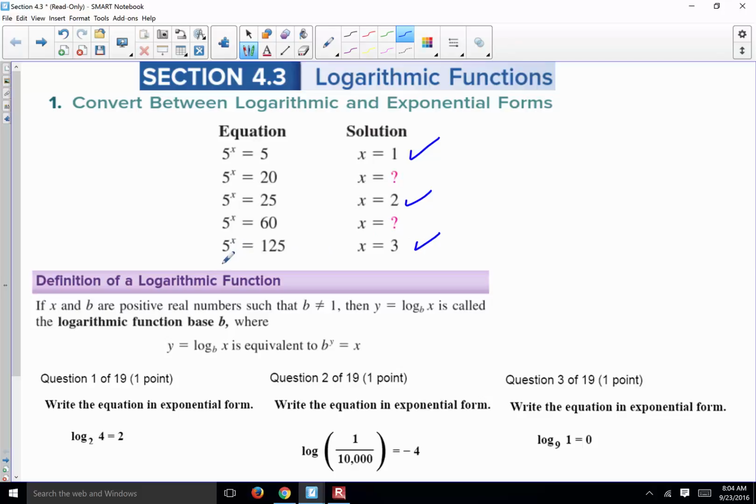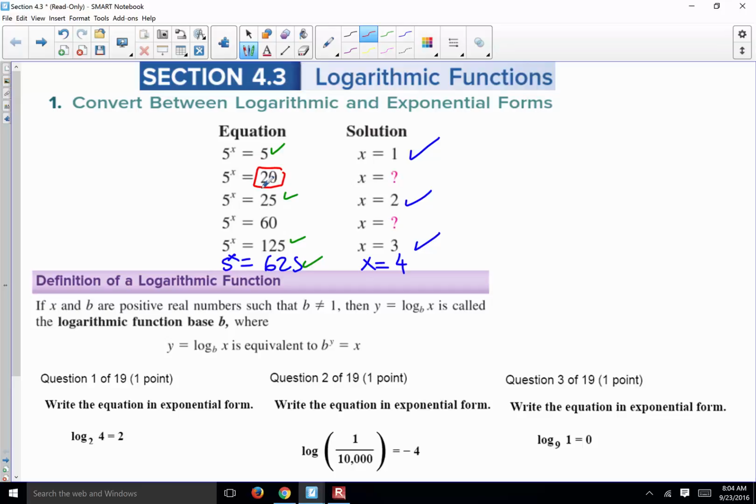If I do even the next one, what power of 5 makes 625 is 4. Okay, so you're great with certain numbers. If I give you 5, 25, 125, 625, you can find it. However, if I give you 20, can you tell me what x is going to make the fifth power of it 20?